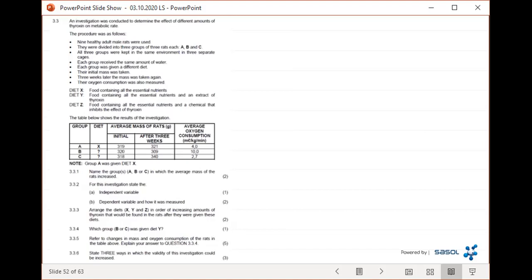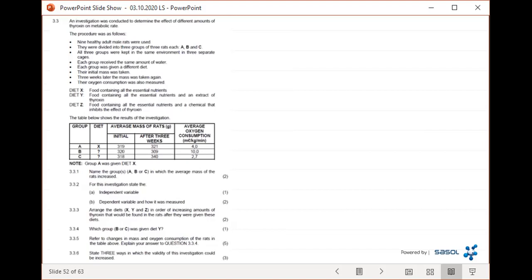You ask questions and you find the answers in what you were supposed to read. So if we start again, it says an investigation was conducted to determine the effect of different amounts of thyroxine. So I would underline: determine effect of amount of thyroxine on metabolic rate.